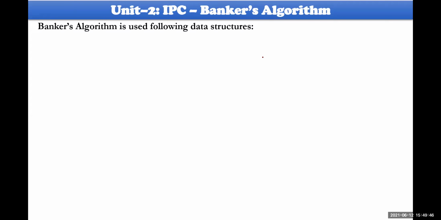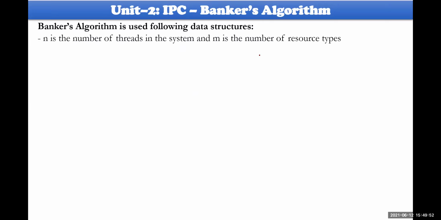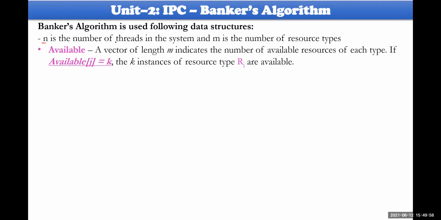There are several data structures used for the Banker's algorithm. Let us see. The first: n is the number of threads, and m is the number of resources.